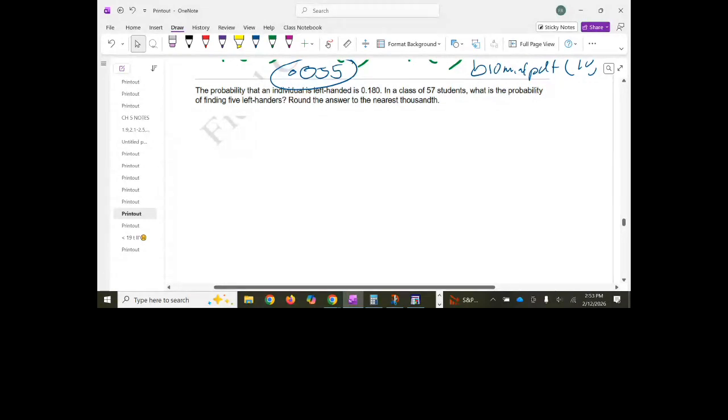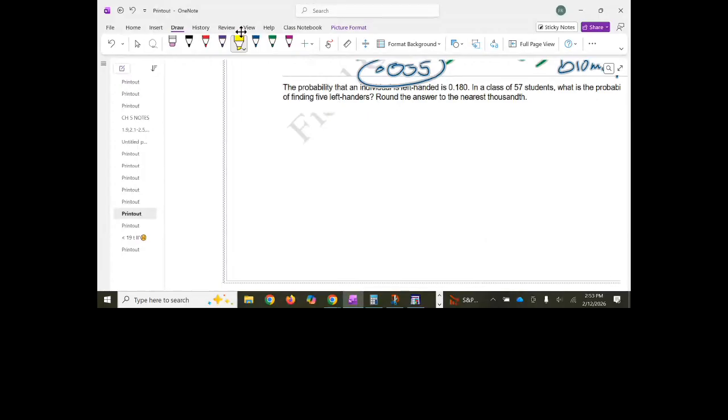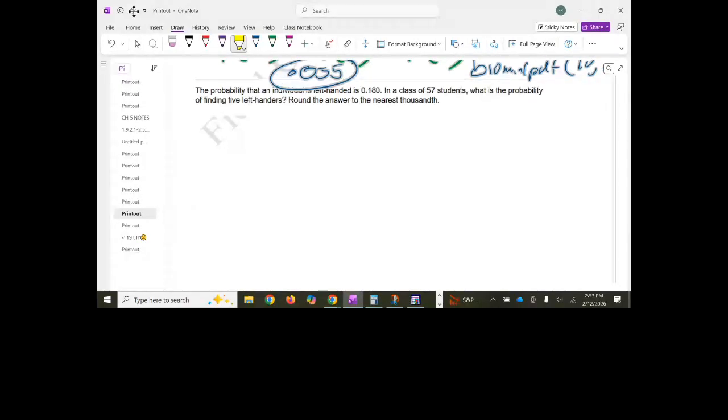We're almost done. Find the probability that an individual is left-handed. Oops, sorry. Is 0.180. Y'all, first thing I'm going to do right here, my p-value, 0.180. Okay. We have a class of 57 people.